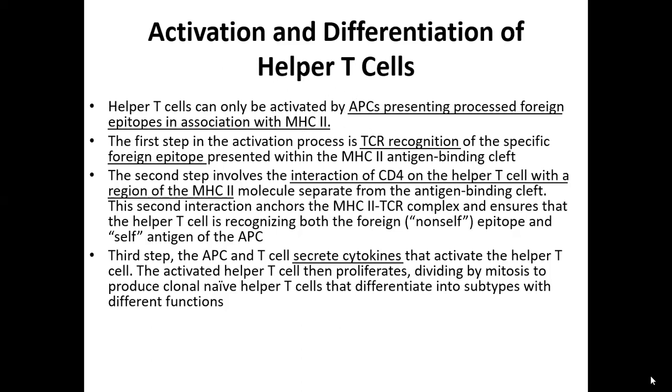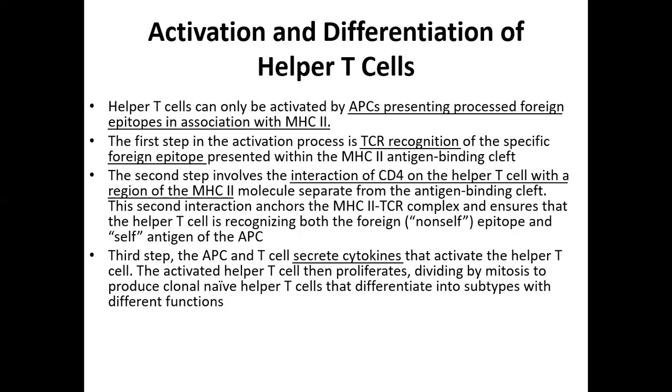The first step in the activation process is TCR recognition of a specific foreign epitope presented with the MHC class II antigen binding cleft. The second step involves the interaction of CD4 on the helper T cell with the region of the MHC class II molecule separate from the antigen binding cleft.